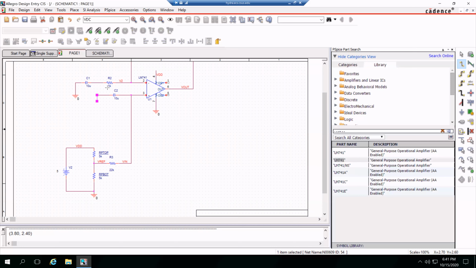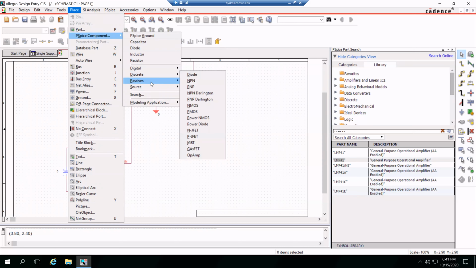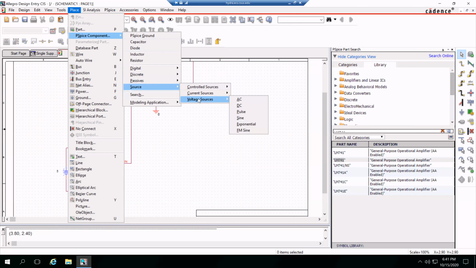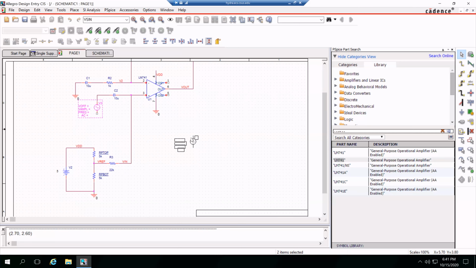Latencies on this is horrible. Okay. Place, PSpice component, source, control voltage. I like using the sine because it's got all the options.